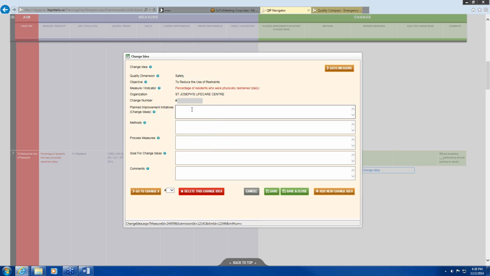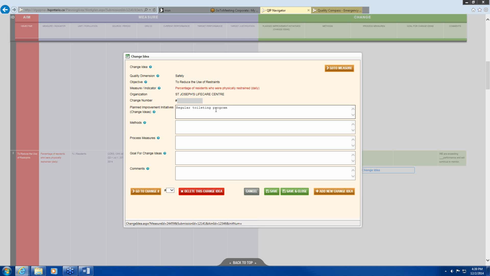So as far as this goes, it would be helpful if somebody could chat in some ideas, but maybe it has to do with, actually I think we heard somebody talking recently about the regular toileting program, because they found that if they were doing a regular program, then there would be less people trying to get up and having to be restrained.